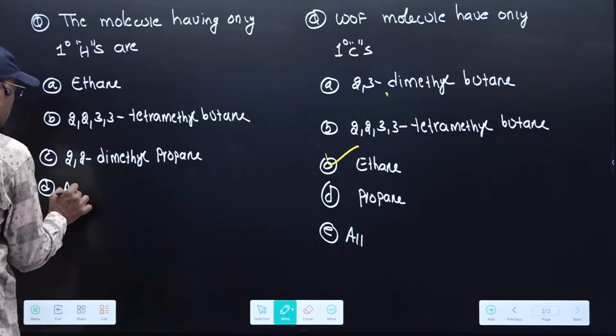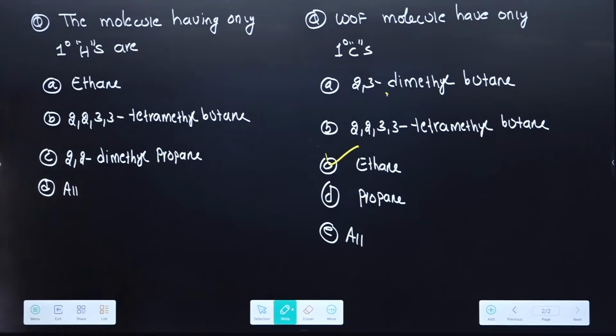Option D, all. The molecule having only primary hydrogens are, which one? Answer is all.